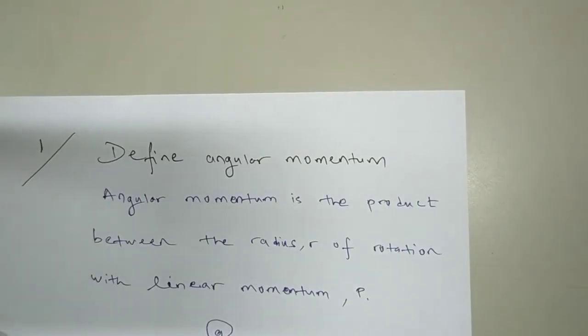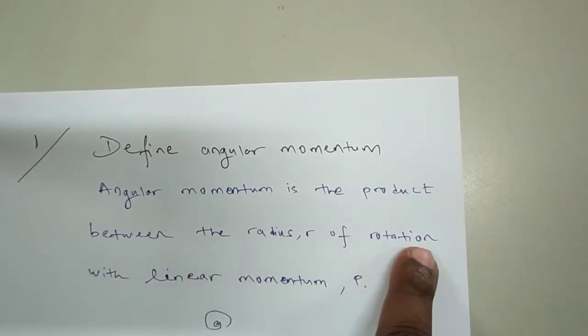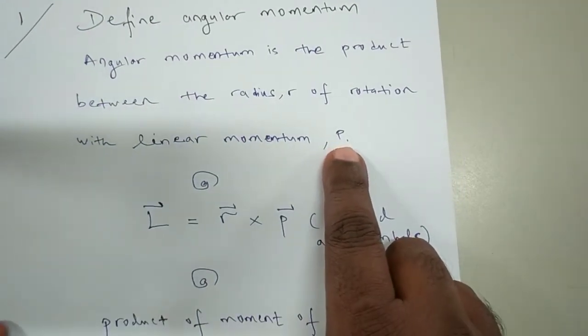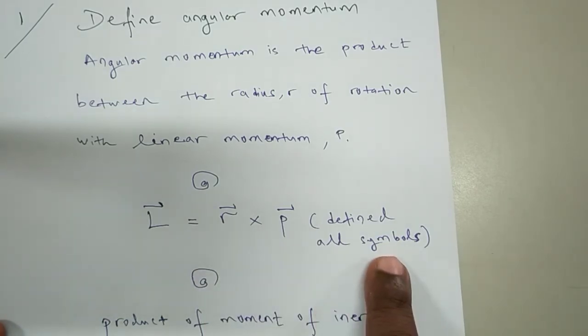Define angular momentum. Angular momentum is the product of the radius r of rotation with the linear momentum p, or you can define all symbols by using this method.